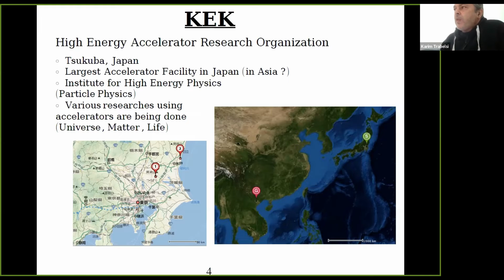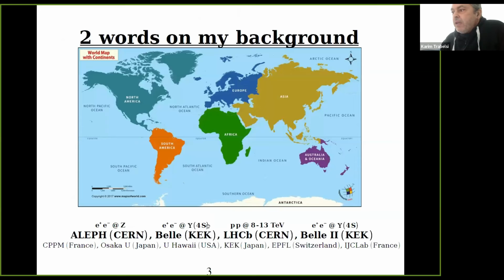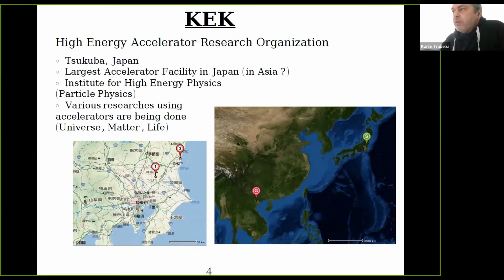So most of my time on flavor physics was spent around the experiment at KEK. Maybe you are a bit less familiar with KEK than CERN, so I put a couple of slides to put things in geography. KEK in Japanese means High Energy Accelerator Research Organization, and it is located in Tsukuba in Japan.